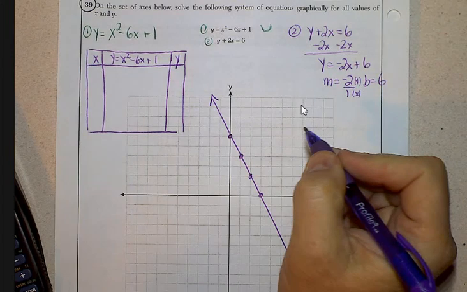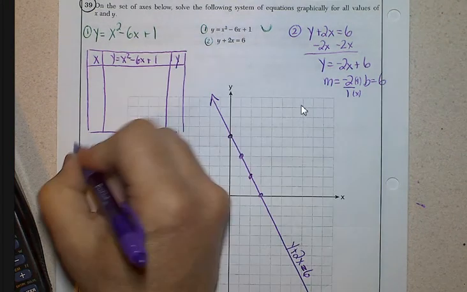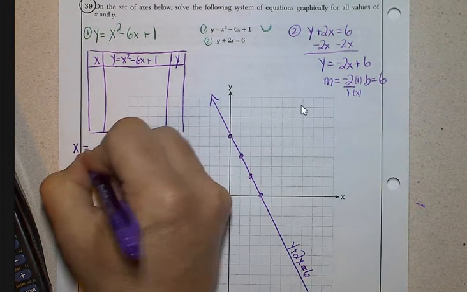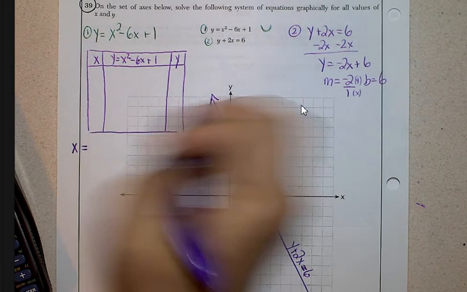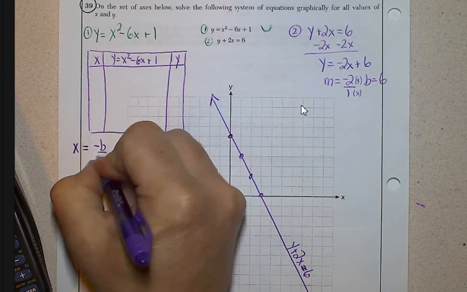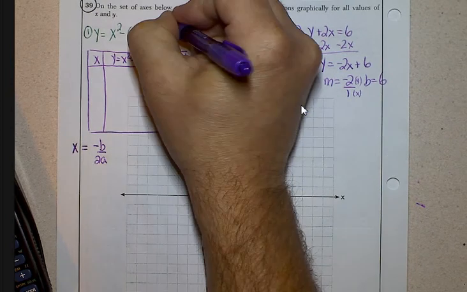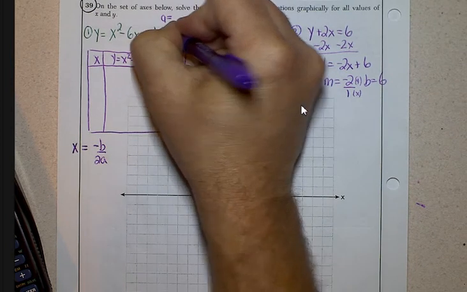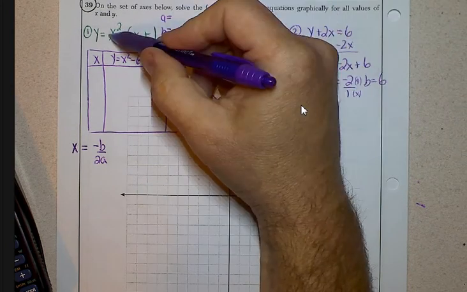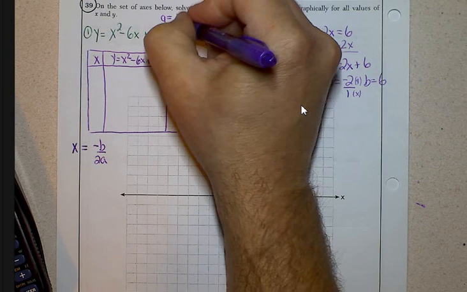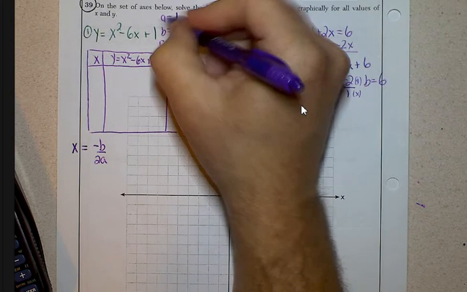All right. Where we're supposed to start, if you remember, is we're supposed to find out where the axis of symmetry is. The formula, minus b over 2a. If you remember, we always started these problems by labeling what a, b, and c is. A is going to be the number in front of x squared. That's a positive 1. B is going to be the number in front of x. That's a negative 6.